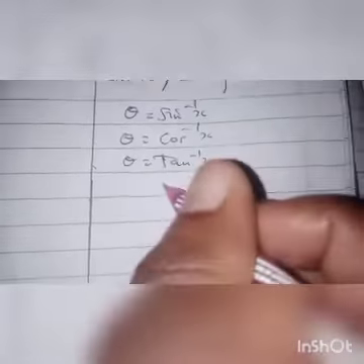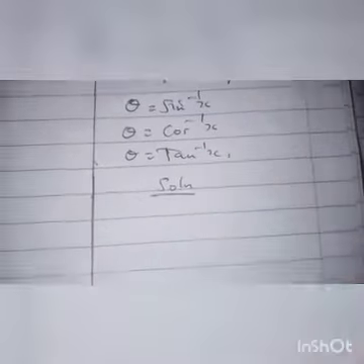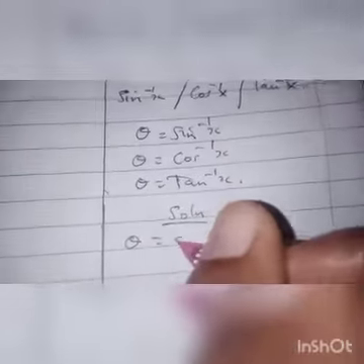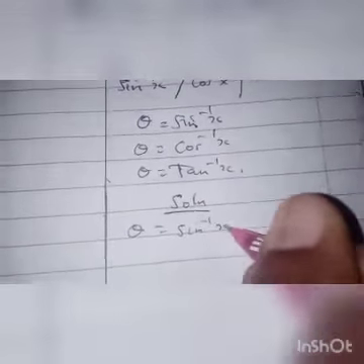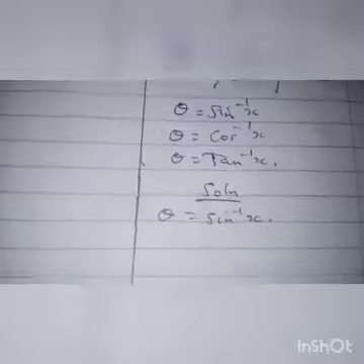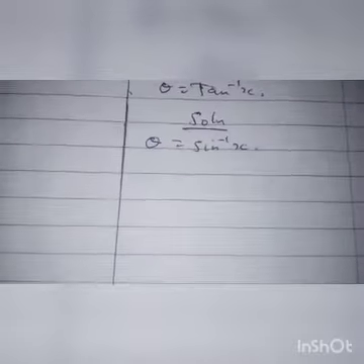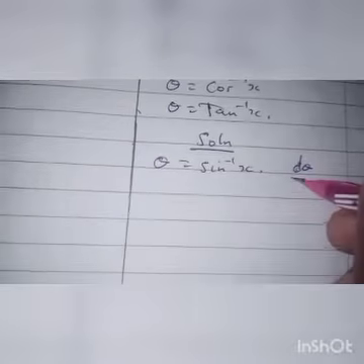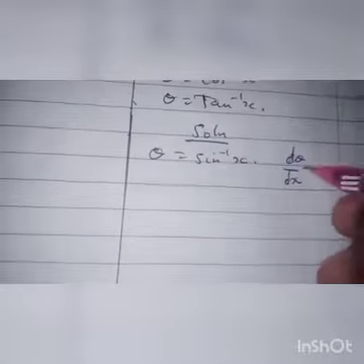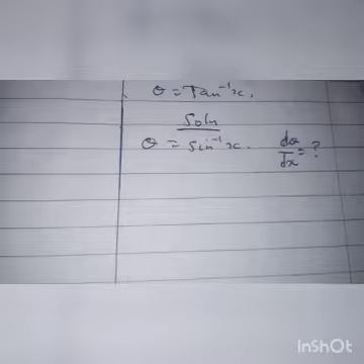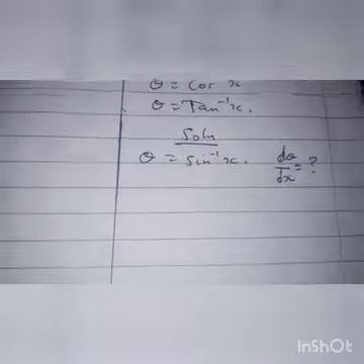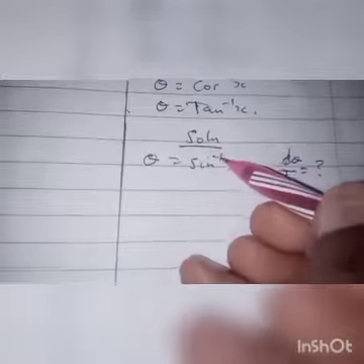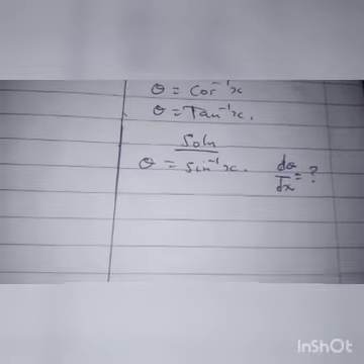So, solution. Let's start with the first function, which says theta equals sine inverse of x. So we all know that the derivative of that function is supposed to be written as d theta dx. So equals to what? But looking at that function, it is an inverse of sine, not sine x.